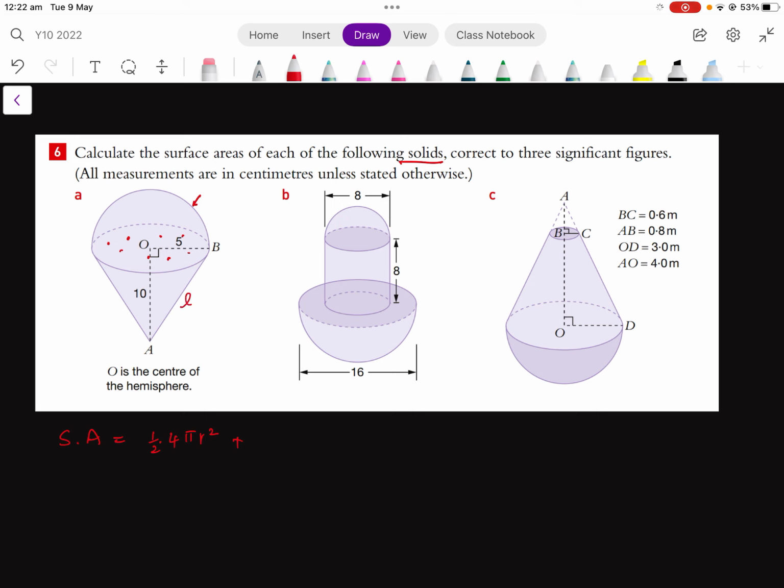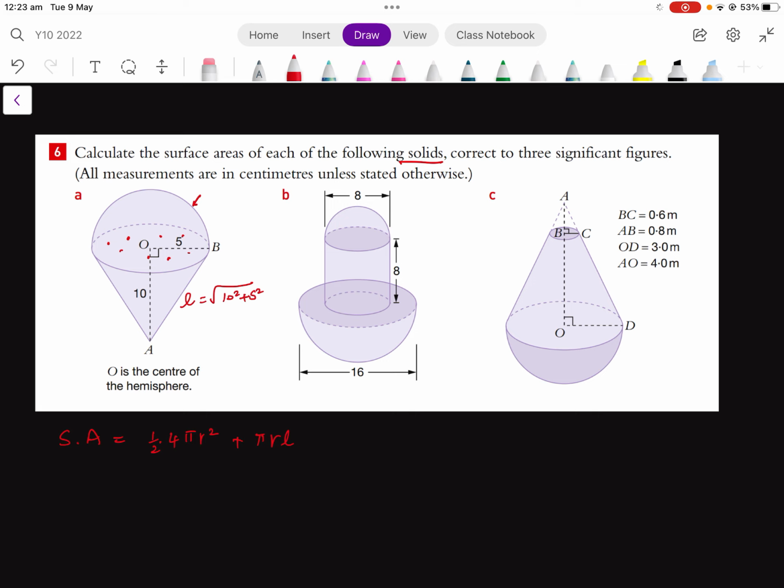If this is the slant height, it will be given by 10 square plus 5 square. So if I know the length, then my curved surface area is pi r l, and I'm not adding the base because that is not the surface area of the solid, that is inside the solid. So if you plug in these values, L can be found using this formula.